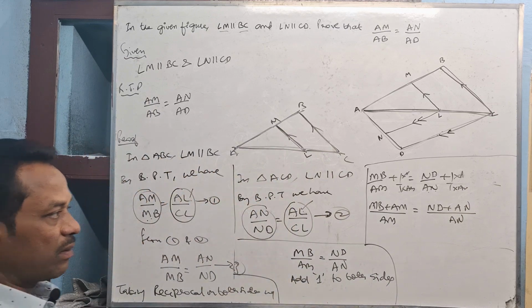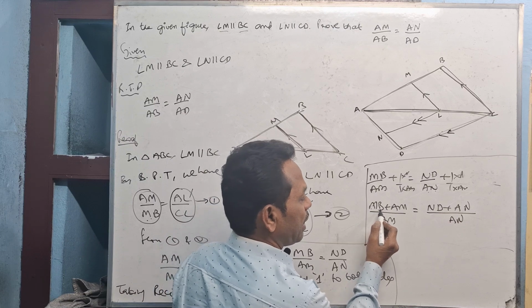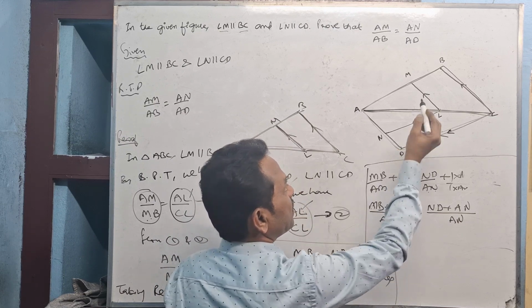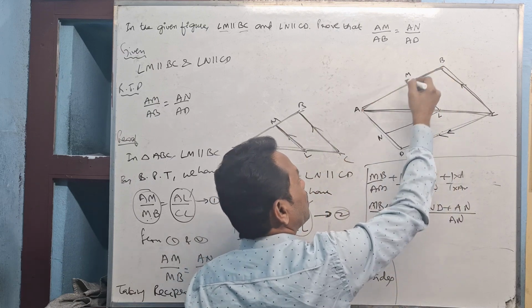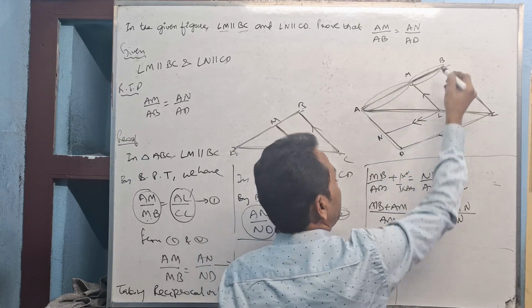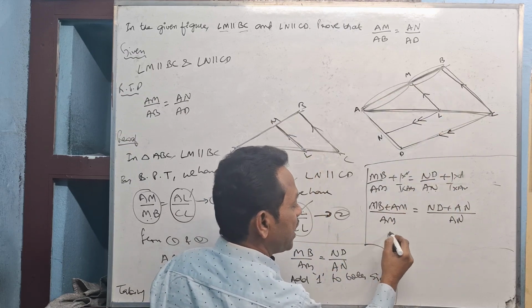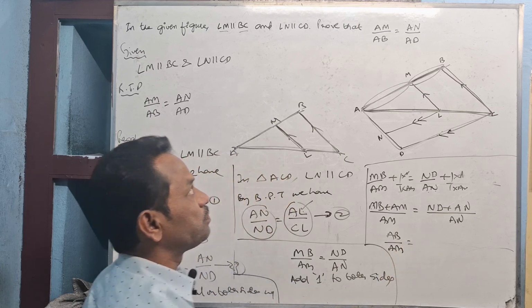Now look at the figure. In the numerator, we got MB plus AM. Where is MB? Yes, this is MB. For MB, I add AM. So MB plus AM gives you AB. So for the numerator, we can say AB divided by AM is equal to.